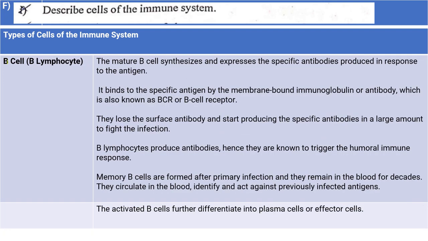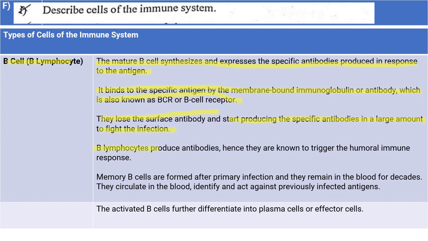Next one is the B lymphocyte. The mature B cell synthesizes and expresses specific antibodies produced in response to the antigen. It binds the specific antigen by the membrane-bound immunoglobulin or antibody, which is also known as the BCR or B cell receptor. They lose the surface antibody and start producing specific antibody in a large amount to fight against infection.